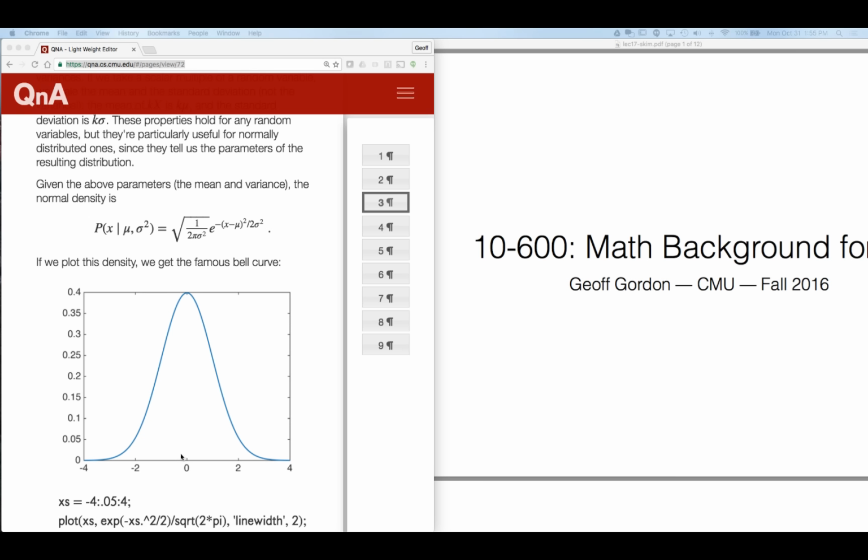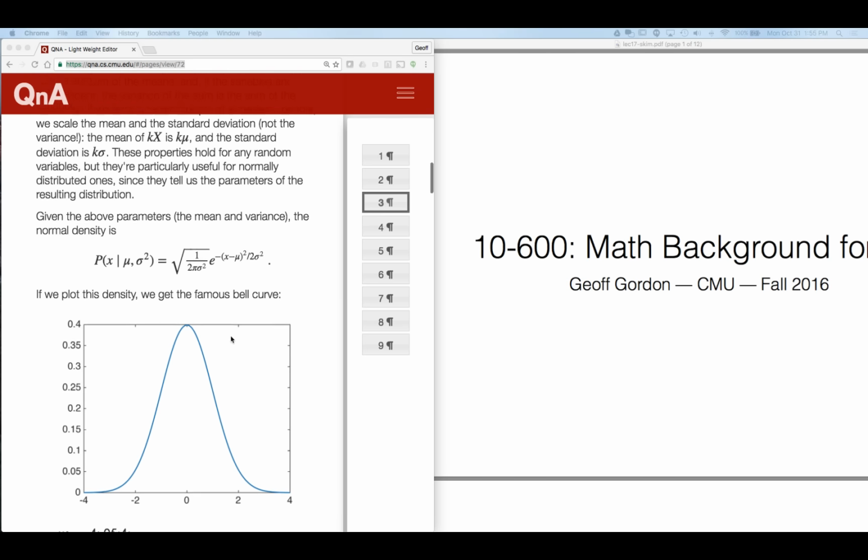This one has mean 0. If we went like this, it would be mean 2. And standard deviation here is 1. If we increase the standard deviation, it goes down slower like this. And if we decrease the standard deviation, it goes down faster like that. All right?